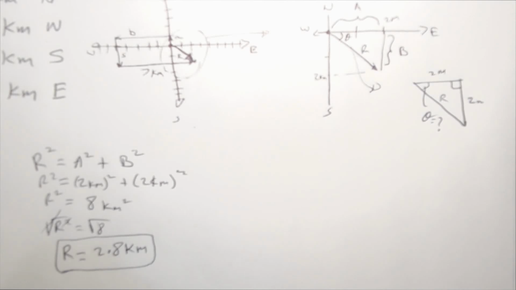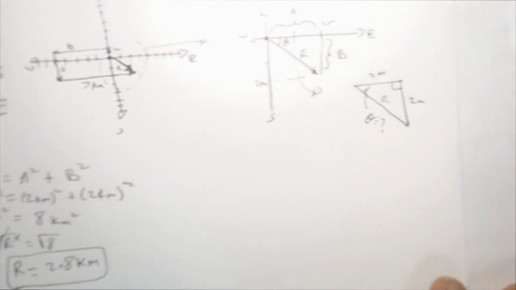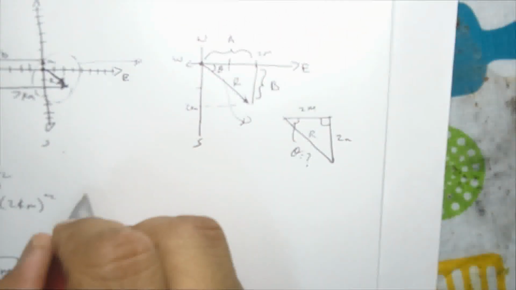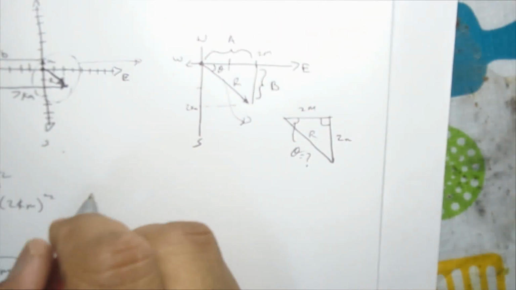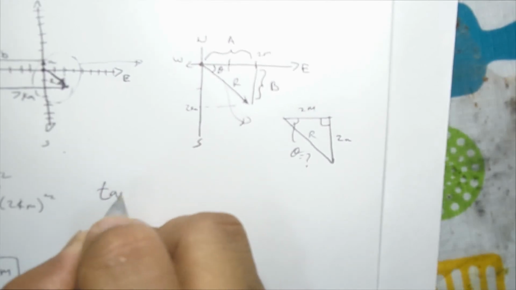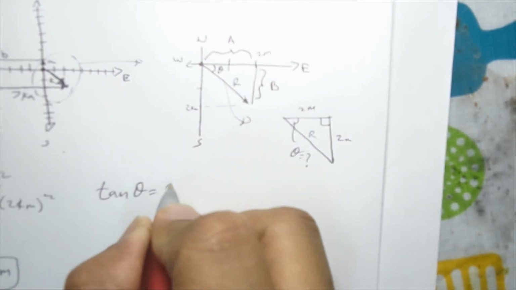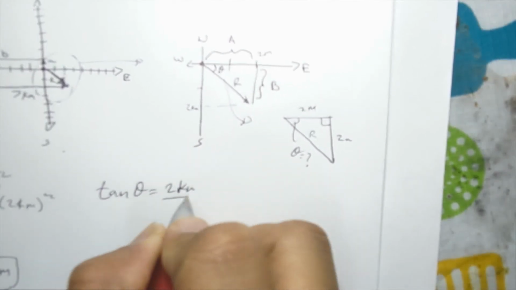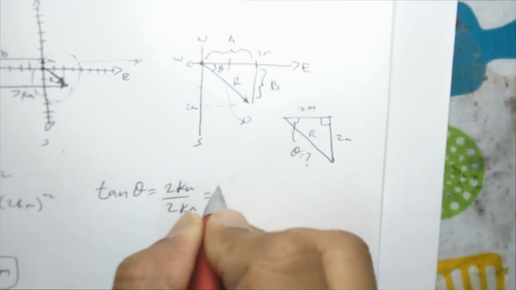Okay, so now earlier I asked you about theta. Some of you probably got it, but let's just solve it. Theta, and this is coming from our first problem, tan theta is equal to 1 kilometer over 2 kilometers, which is 1.